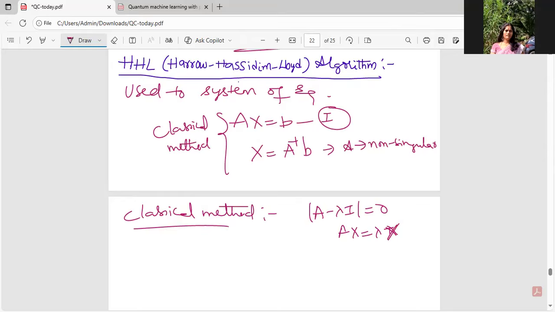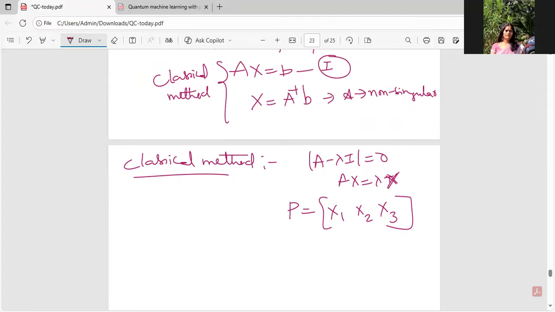Once I get the eigenvectors, I form the model matrix denoted by P, guys, with the eigenvectors x1, x2, x3. Once I form the model matrix, P transpose AP is what I'll find out. Of course, actually it should be P inverse AP, guys.